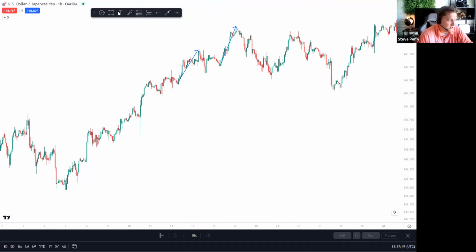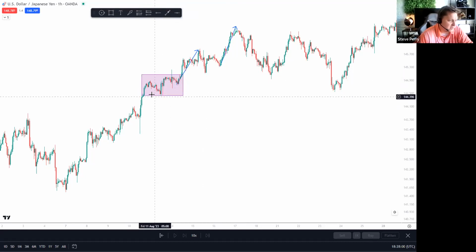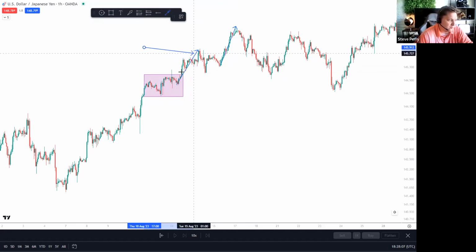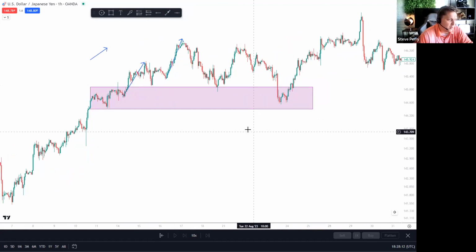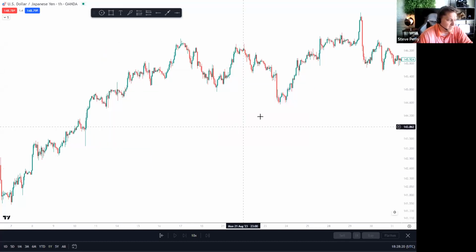This first one's pretty good because whatever took place inside of this area is what created that impulsive move, right? So now if we extend this over, see that? See how the market comes right into it? Boom, off to the races. Boom, off to the races. Pretty cool, all right? I think that is pretty awesome.